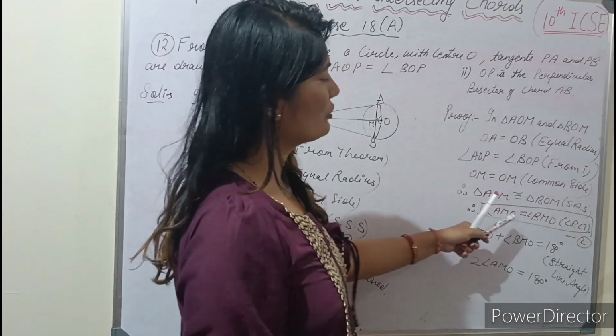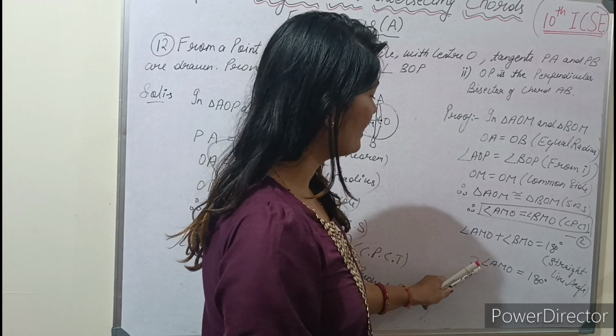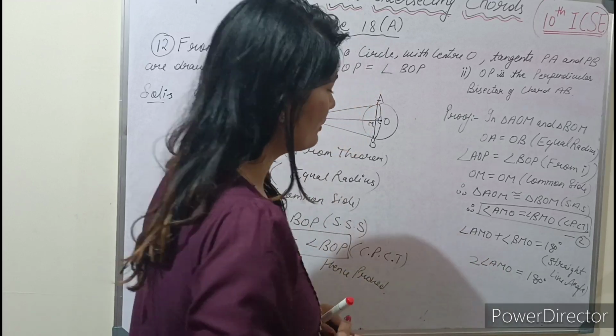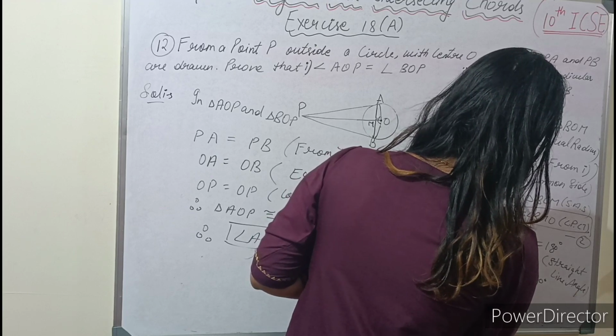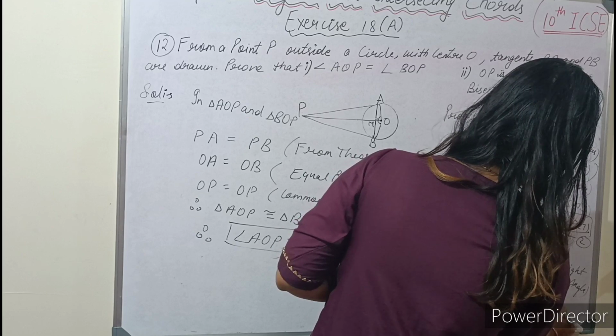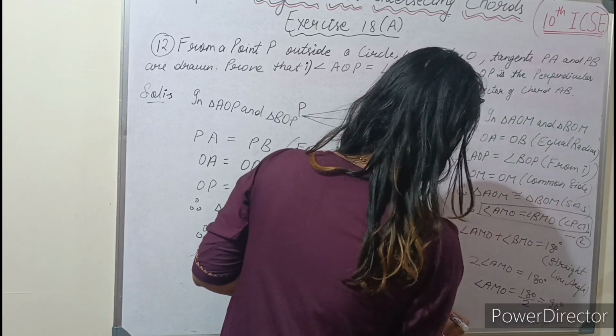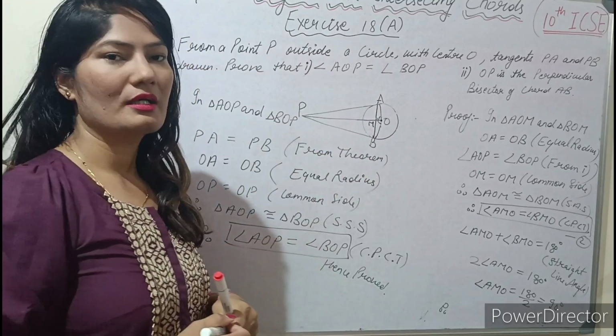This is from equation 2. Since both the angles are equal, clear. So angle AMO is equal to 180 by 2, that is 90 degrees. So we got that angle AMO is 90 degrees.